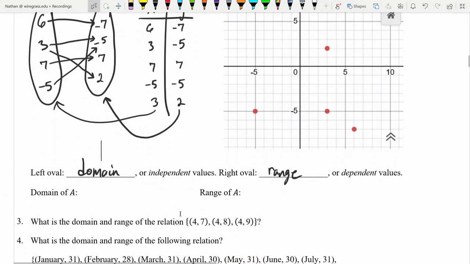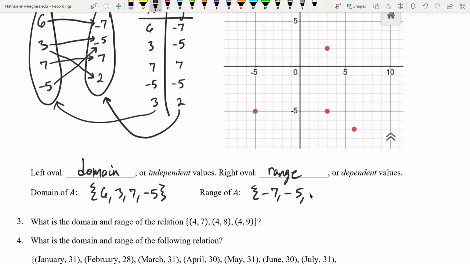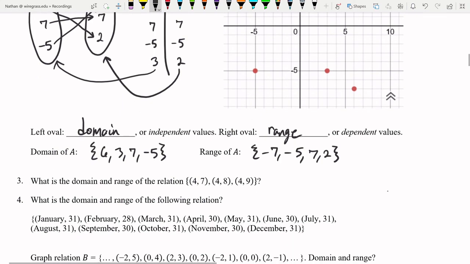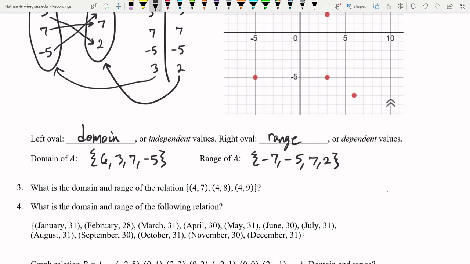So the domain of A, like I said, is just the set 6, 3, 7, and -5. And the range is just the set -7, -5, 7, and 2. So give this a try in 3 and 4.